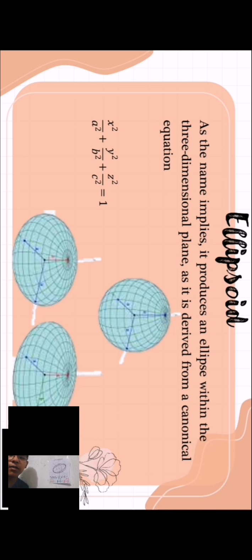What is the canonical equation? The canonical equation is this: x squared over a squared plus y squared over b squared plus z squared over c squared equal to 1.